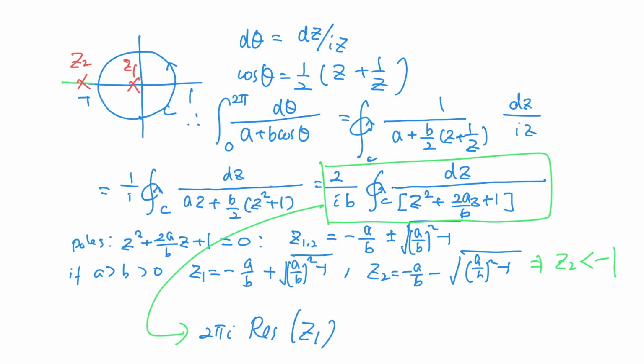And we are only concerned with the poles inside of this C. So only one pole. So the residue, we already obtained this residue, right? So maybe here. The residue at z1 is, let's go back.